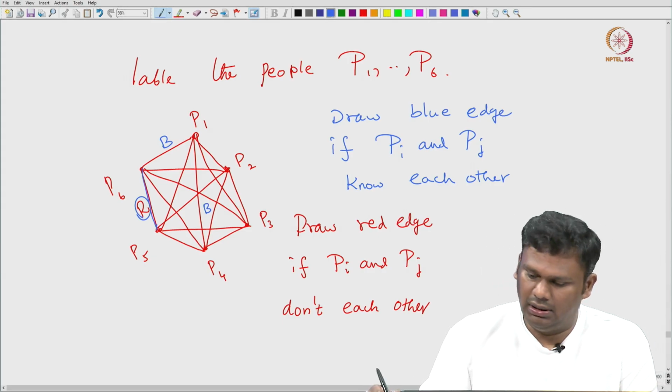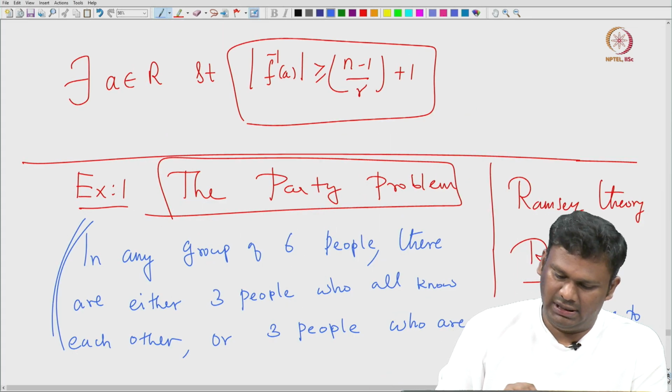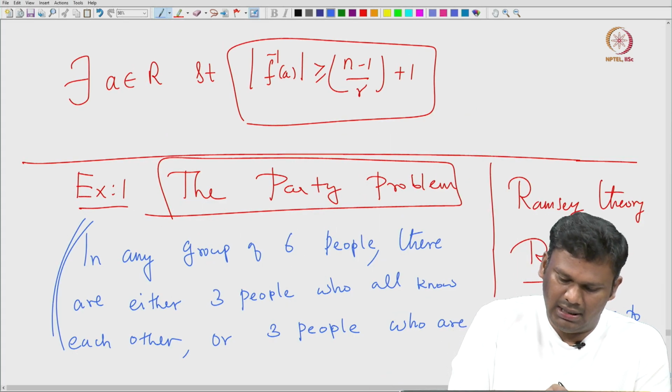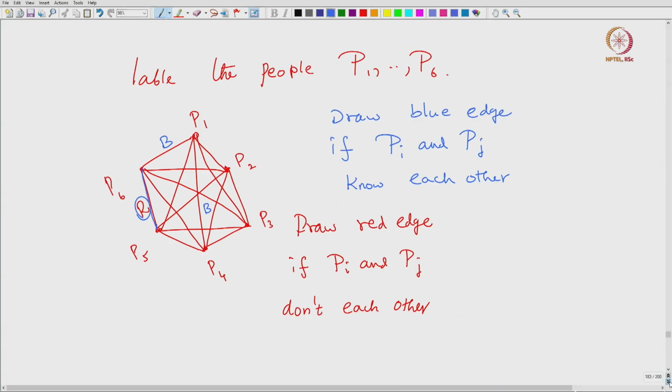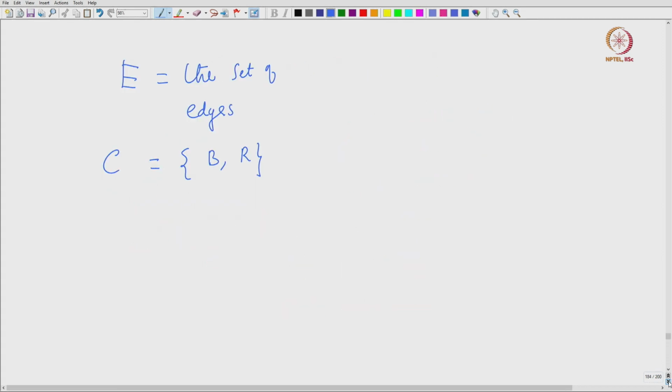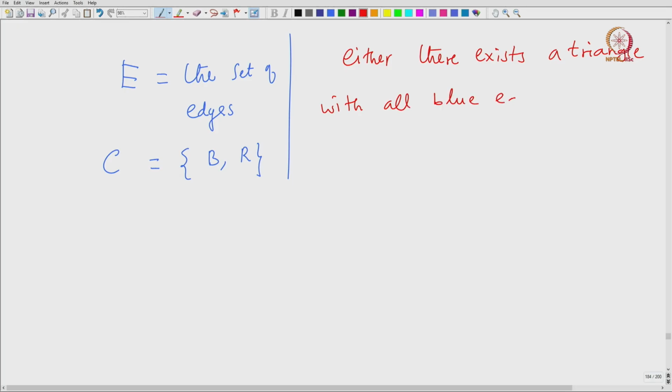So, now if we go back to the promising result, what it says is that there are either 3 people who all know each other. So, that means it actually guarantees a triangle with all blue edges. Okay. So, what our result guarantees? Either there exists a triangle with all blue edges.